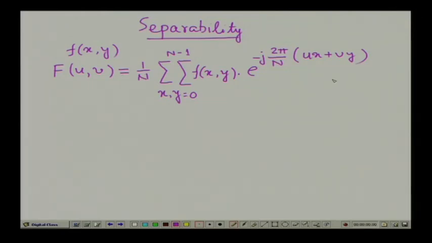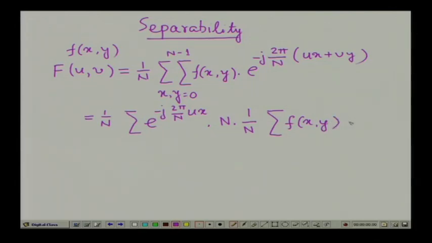If I rearrange this expression, it can be written in the form 1 upon capital N, summation e to the power minus j 2 pi by capital N u x, multiplied by capital N, and then 1 upon N, again a summation f x y e to the power minus j 2 pi by capital N v y.